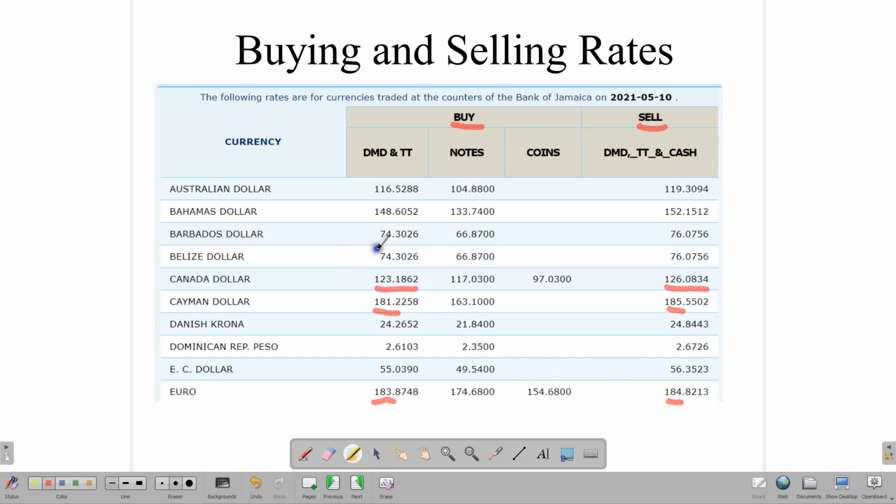So if you want to change 100 euros, for example, you would get $183.87 Jamaican for one. And if you want to get some euros from the bank, you'd have to pay roughly $184.82 for one. So that's what we mean by the buying and selling rate.